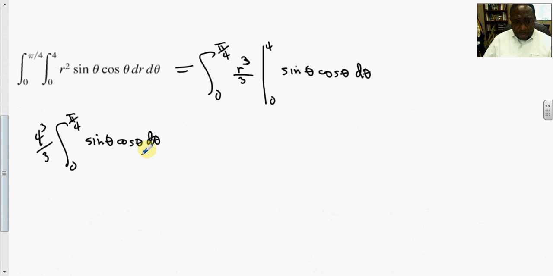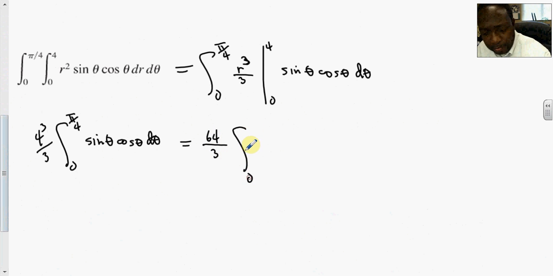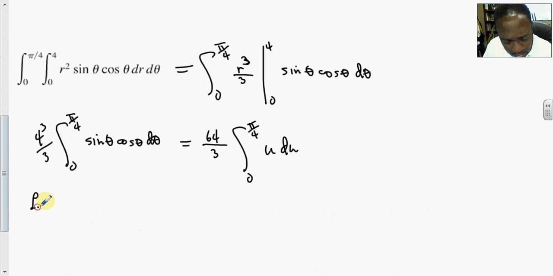And so we have 64 over 3 times the integral from 0 to pi over 4 of u du. That is, let u equal to sine theta, so du picks up the cosine theta d theta.